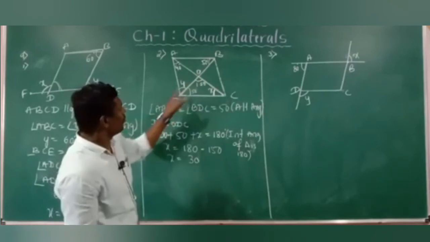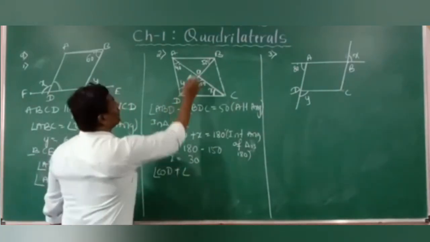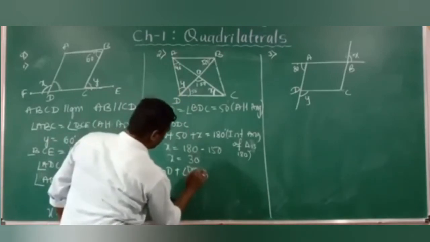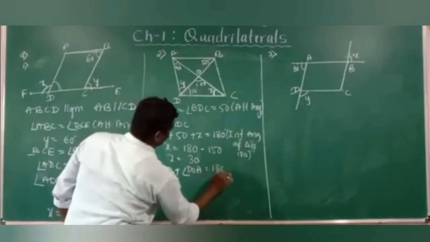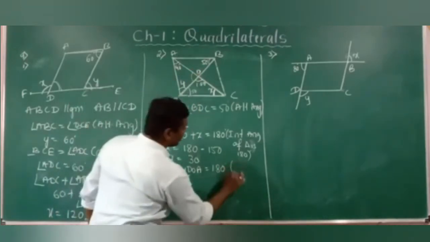Angle COD plus angle DOA is equal to 180 degrees, because the sum of these two angles forms a linear pair.